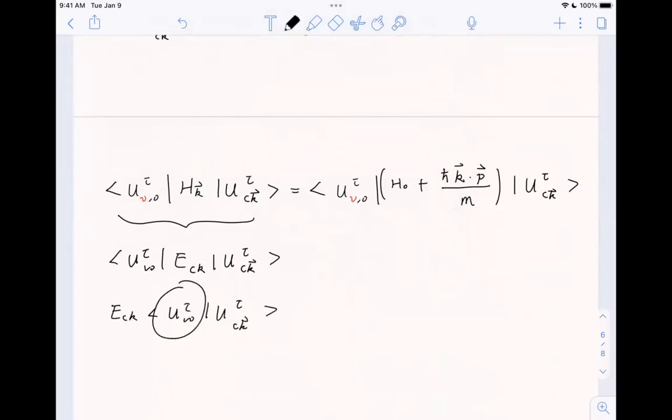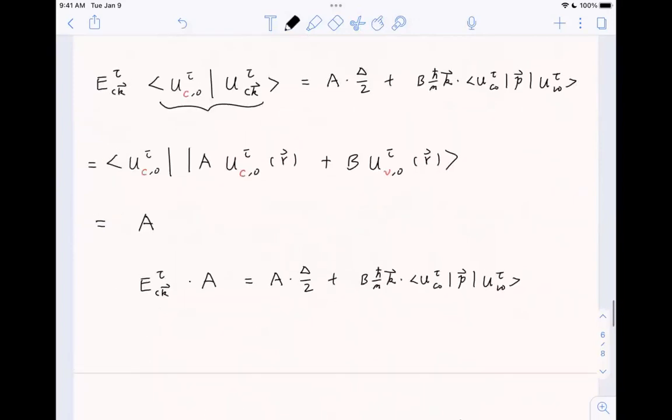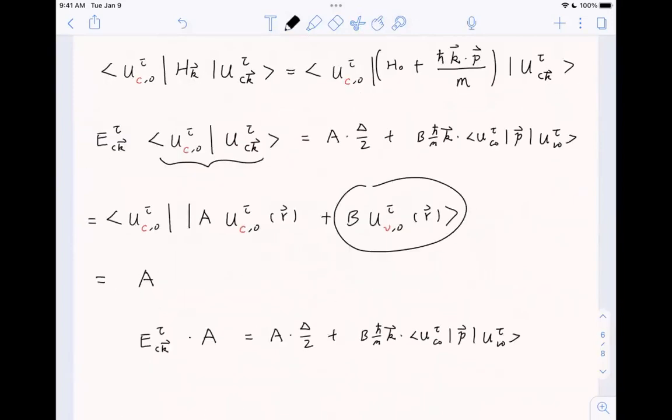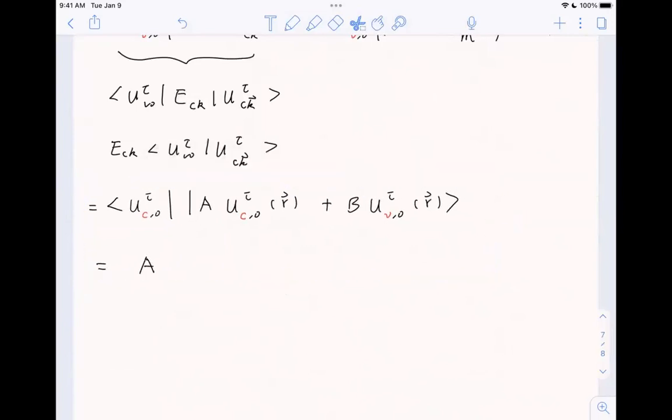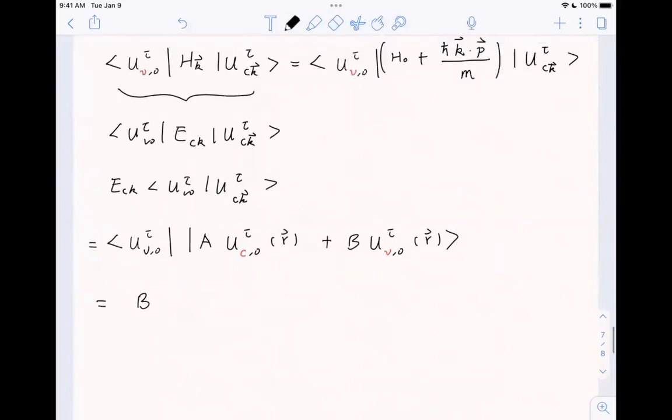So you're doing the projection on V. That means you're going to get this part. Let me quickly copy this. You're getting the projection on V, so this will be 0. You're going to get a B. So this will give you a B.